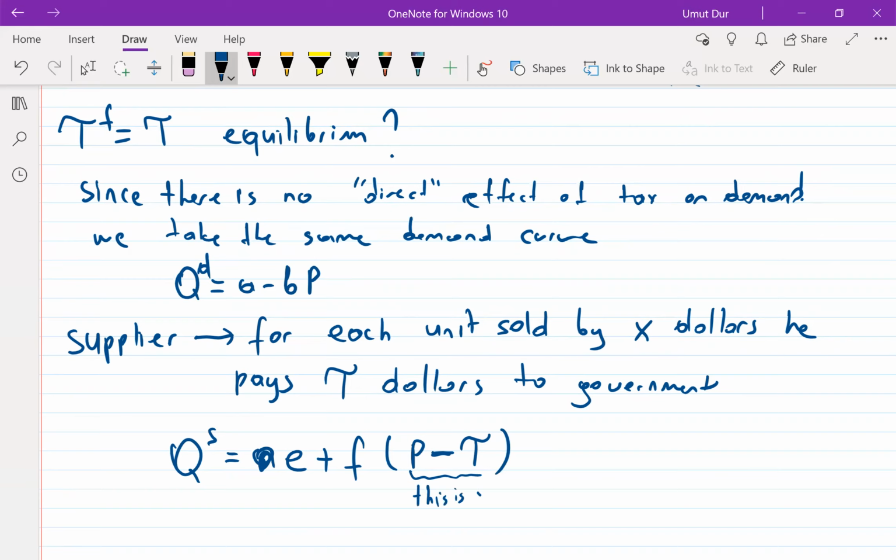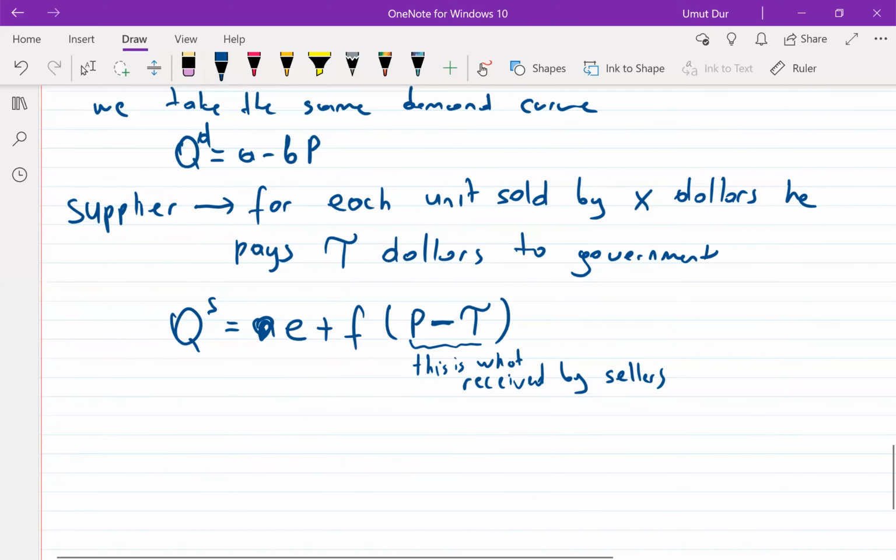This is what is received by sellers, and this is the reason why we observe a shift on the supply.